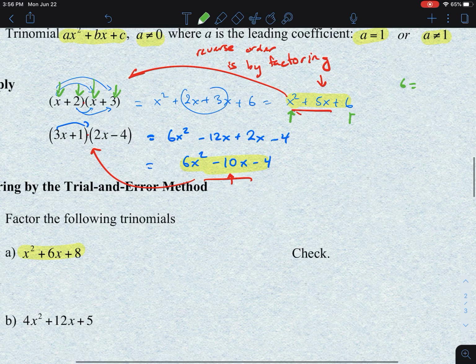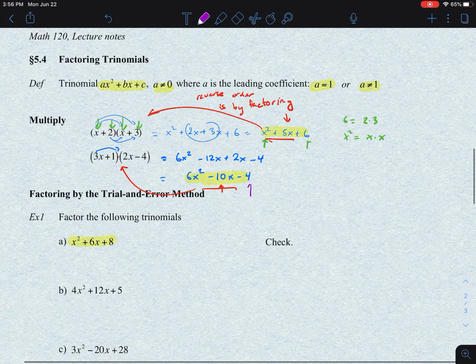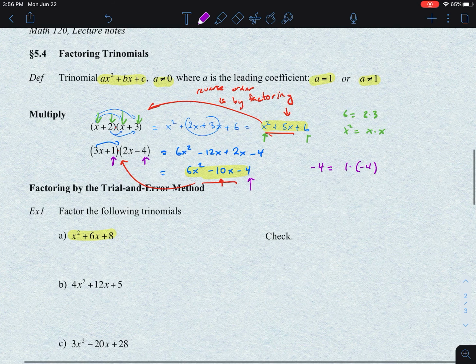So the 6 is 2 times 3, and the x squared is x times x. In this problem, the negative 4 is 1 times negative 4, and the 6x squared is 3x times 2x. That's something to keep in mind when we factor using the trial and error method.